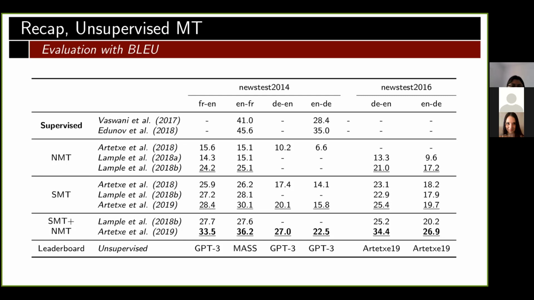So this is why statistical machine translation really performs better than neural machine translation in this case. And with the combination of both approaches, one can be really close to supervised settings. In some cases, we are even above supervised settings because we can have more monolingual data than parallel data. And this is what we saw already last time.